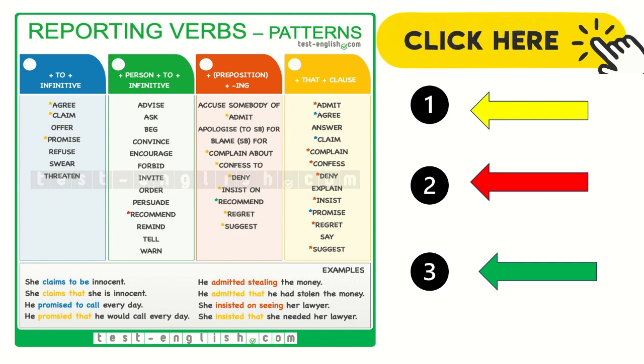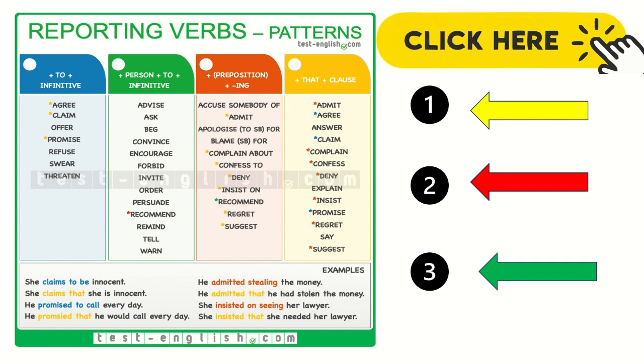Other verbs take preposition plus ing, like accuse somebody of stealing. Sarah accused Selma of stealing her pencil case. Okay? Other verbs should be followed by that and then a clause.